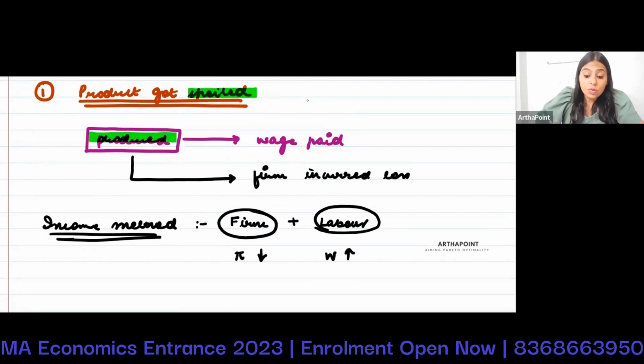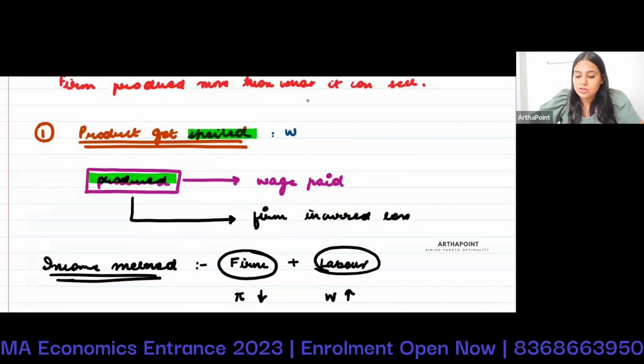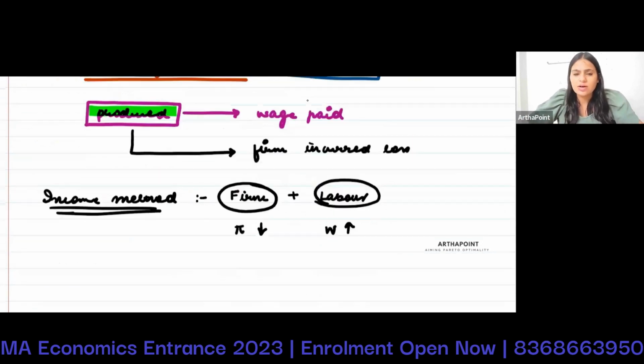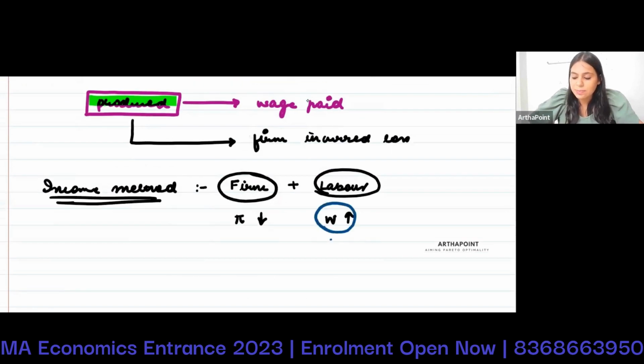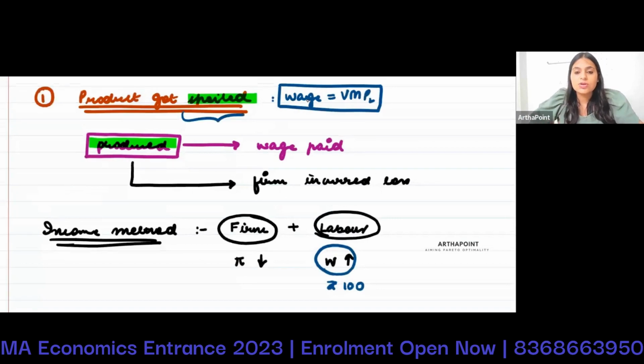And we know from the labor markets that the wage should be paid according to the value of the marginal product. So ideally, supposedly wages are paid about 100 rupees. That must be the value of the product, but that product is spoiled. So I lose out on that product, and therefore I lose out on this 100 rupees as a firm.